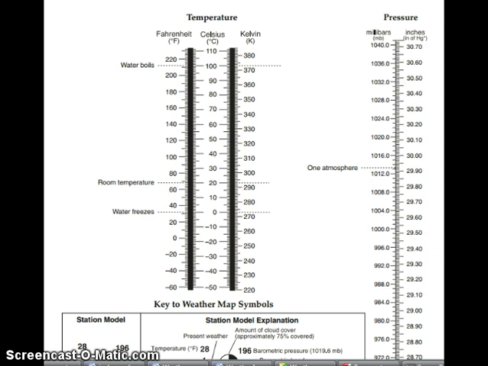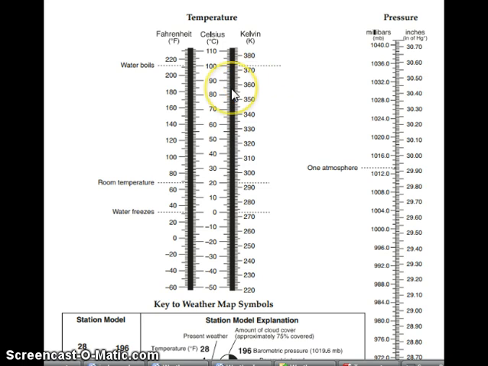So now you should be looking at page 13 of your reference table, and we are going to look at this chart right here, which is called the temperature chart. Here you can see the three units to measure the temperature, and this can be used to help us convert. We can be given a temperature in Celsius and asked what is it in Fahrenheit, or what would it be in kelvins, and we need to be able to use our reference table to help us.